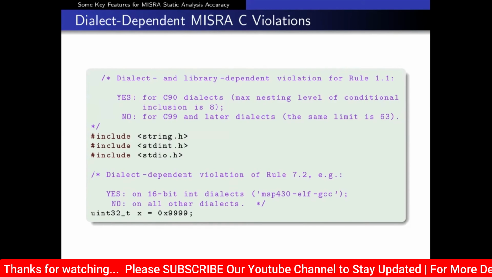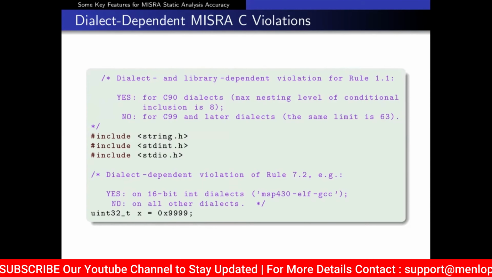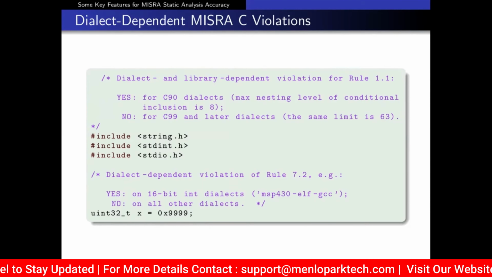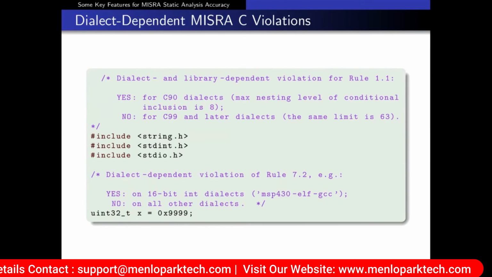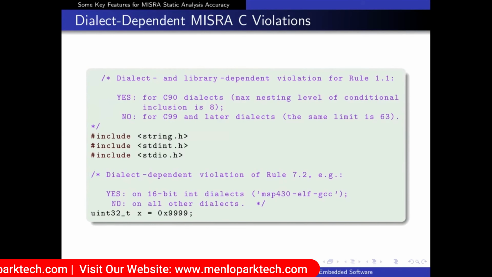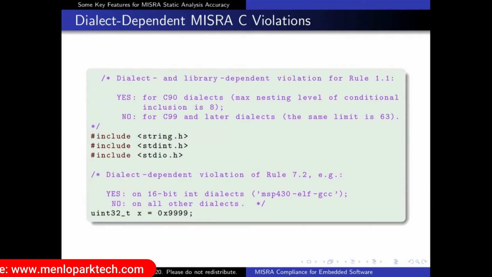With the Eclair static analysis tool, this cannot happen, because Eclair automatically adapts to the toolchain, taking into account all the options you are using for the compilation of each translation unit.